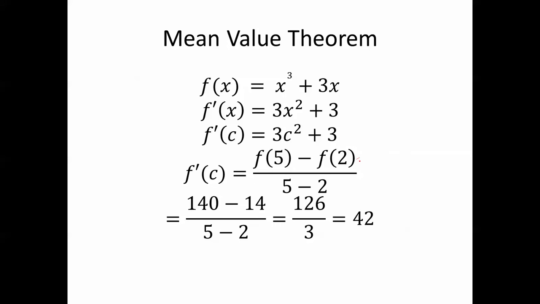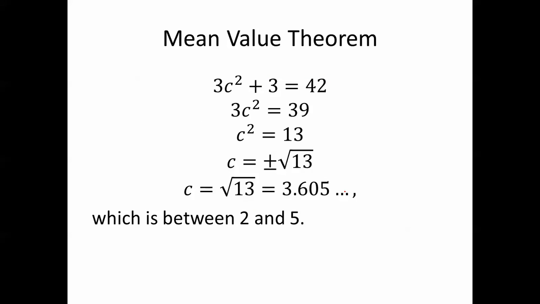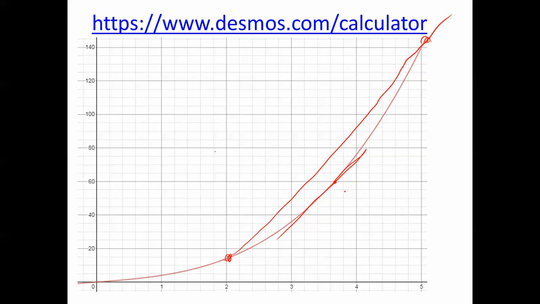And again, this quantity turns out to be 140 minus 14 over 5 minus 2, 126 over 3, which is 42. All I did was plug 5 and 2 into the equation to get 140 and 14. Okay, so the slope of the line that goes through the endpoints is 42, the answer to life, the universe, and everything. It doesn't look like it has slope 42, but that's because the scale's unusual.